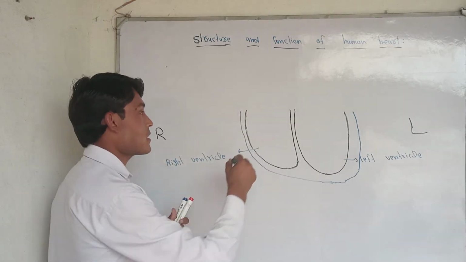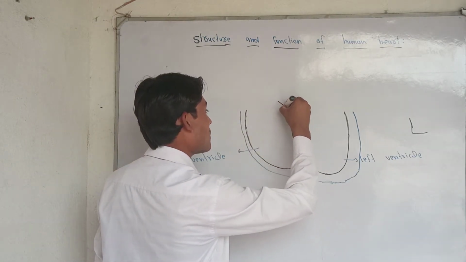And next, the heart has many walls. The first wall, which is here, is up.